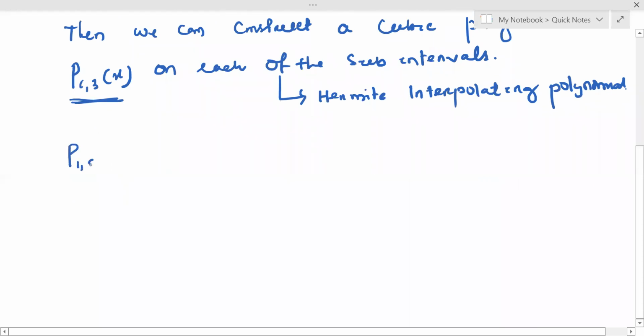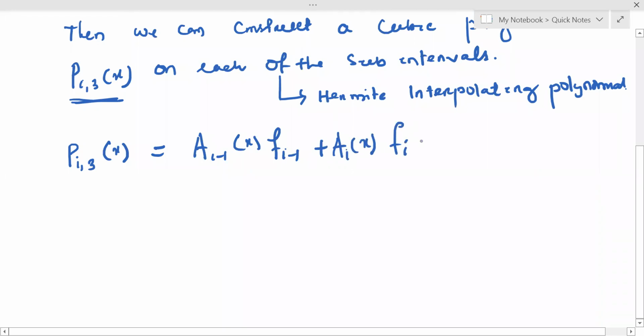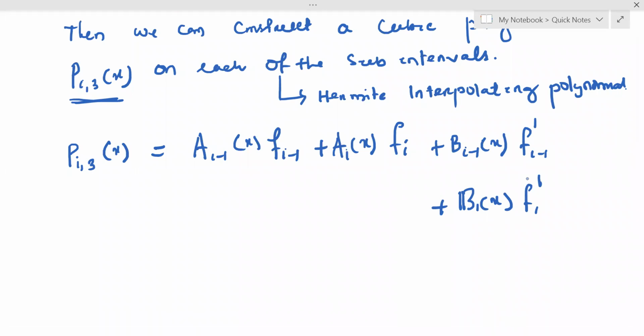p_i3(x) can be represented as a_{i-1}(x) f_{i-1} plus a_i(x) f_i plus b_{i-1}(x) f dash i minus 1 plus b_i(x) f_i dash. This polynomial is called the cubic Hermite interpolating polynomial.